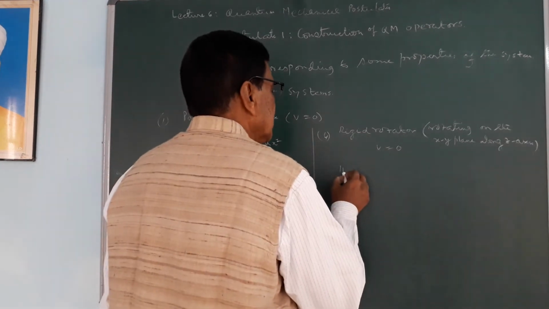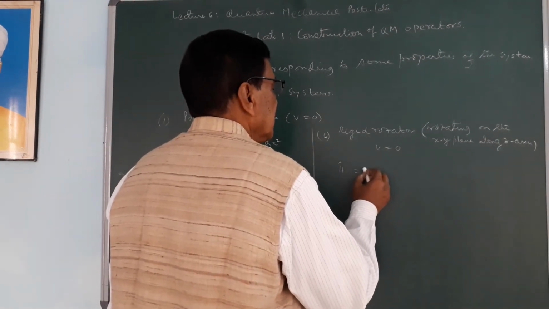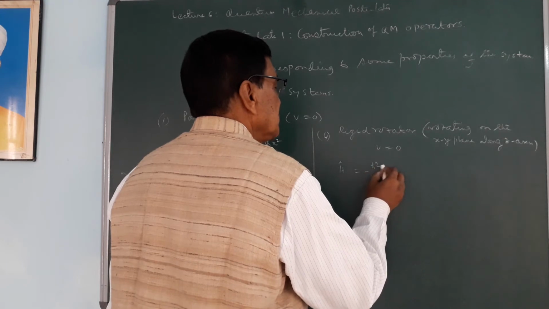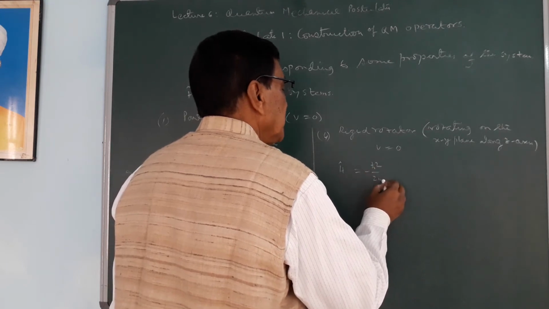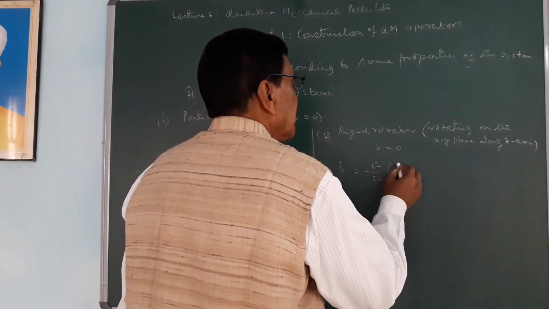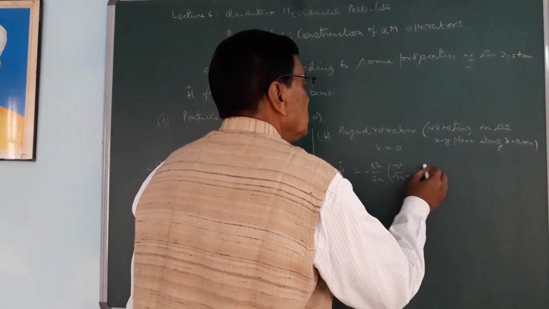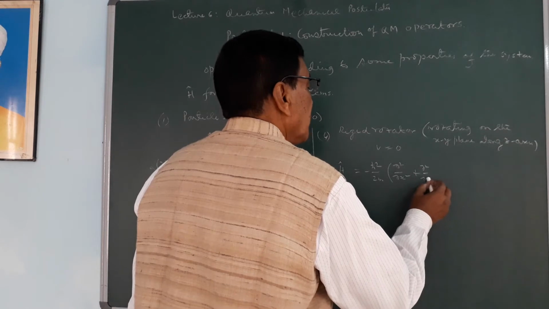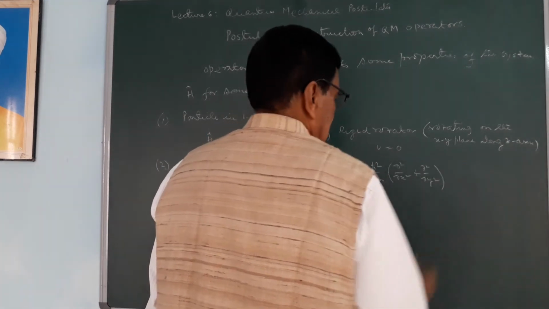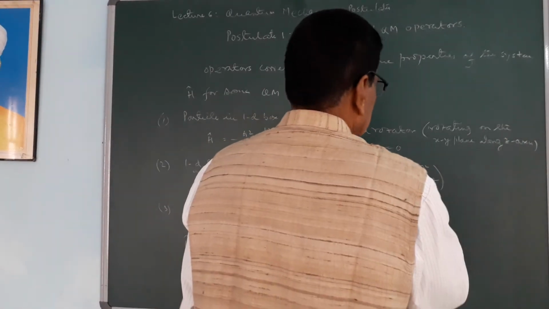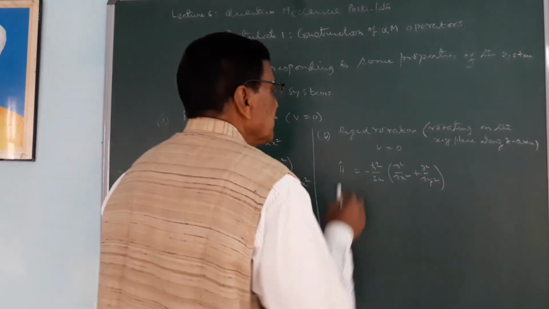So H cap in Cartesian coordinates is minus h cross square divided by twice m, and here del 2 by del x square plus del 2 by del y square, and here the potential energy is equal to 0.